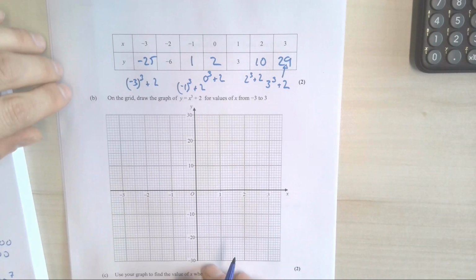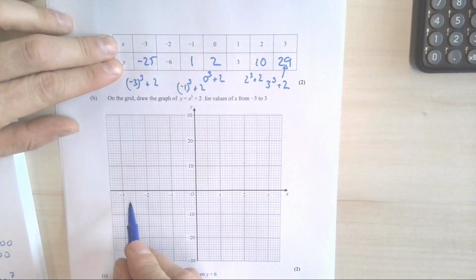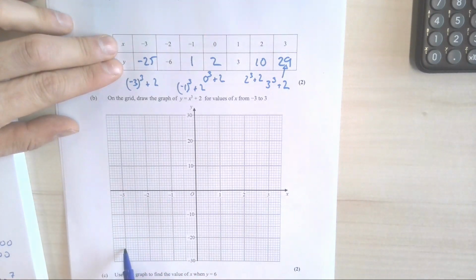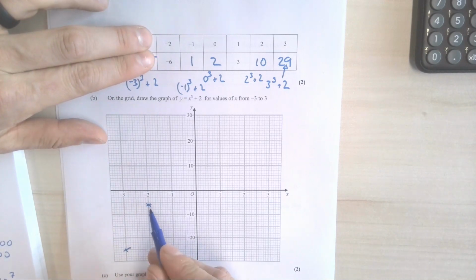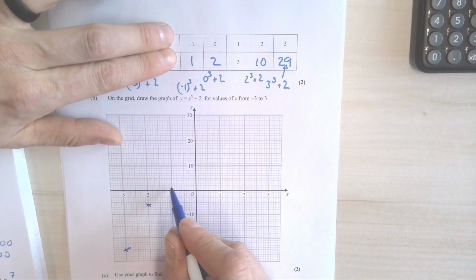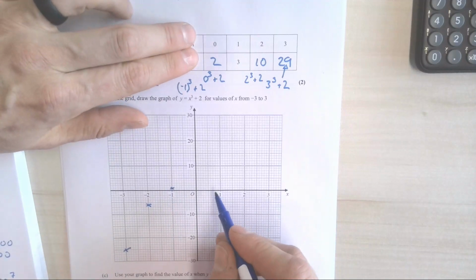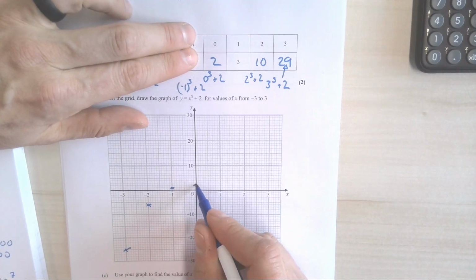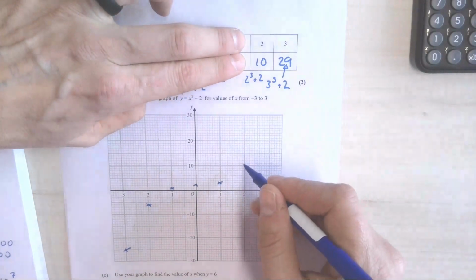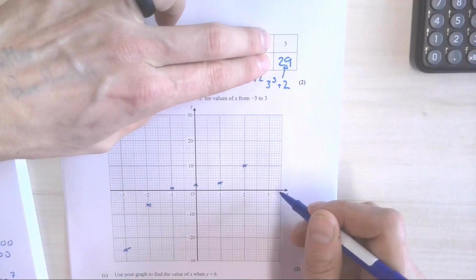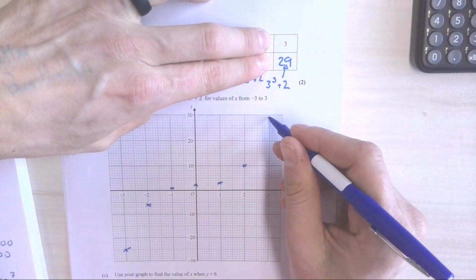Okay. Then I transfer coordinates onto my graph. Negative 3 against negative 25, negative 2 against negative 6, negative 1 against 1, 0 against 2, 1 against 3, 2 against 10, and 3 against 29.